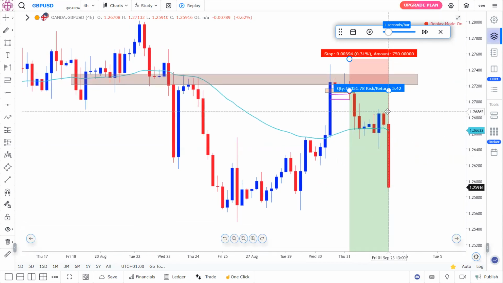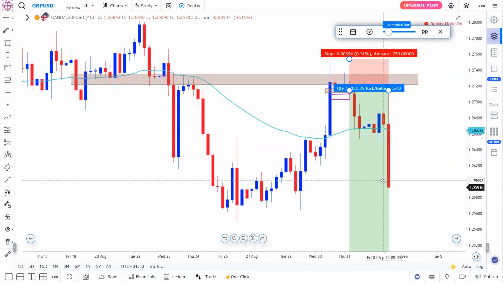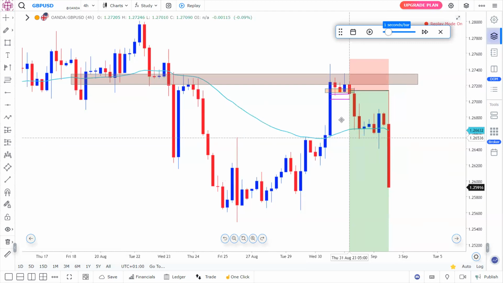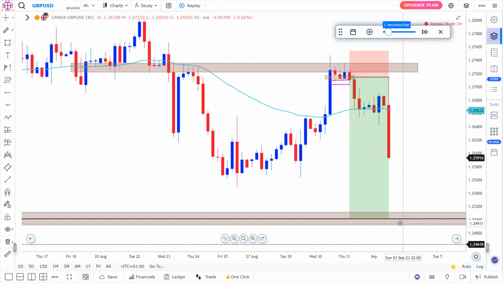Now, as soon as I had this nice bearish momentum stepping into the market, confirming that the sellers had pretty much dominated the market, this is where I knew there was nothing that would stop price from getting to my anticipated take profit level here.